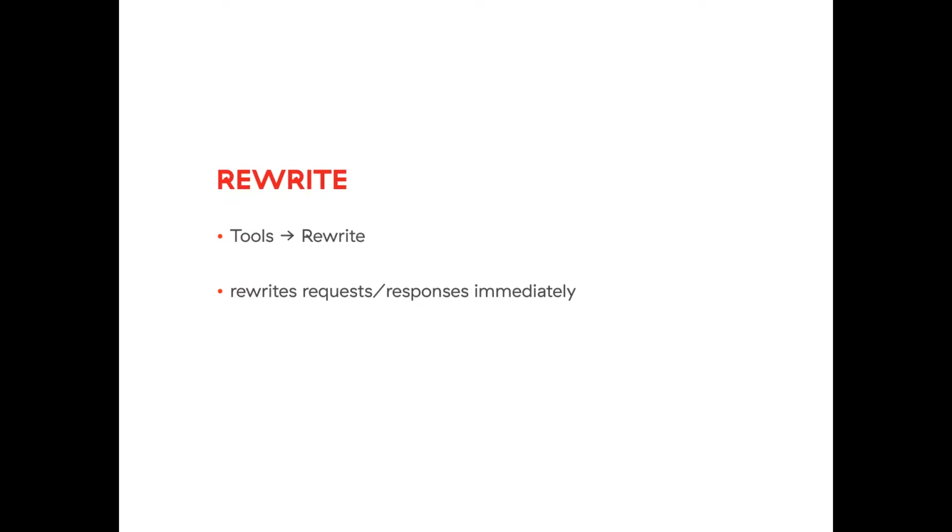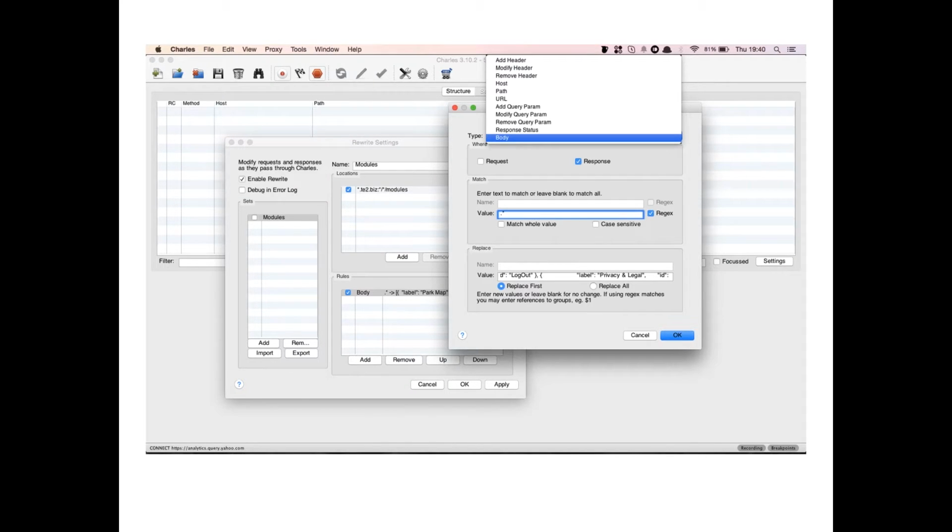If you don't want to use breakpoints and have to edit a response each time it comes back from the API, you can use rewrite rules. So basically, you set a rule to change a response or request.